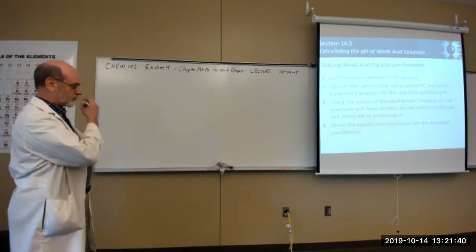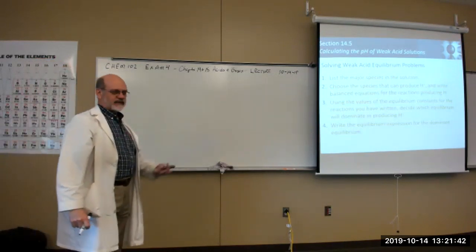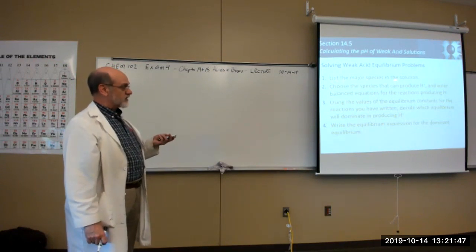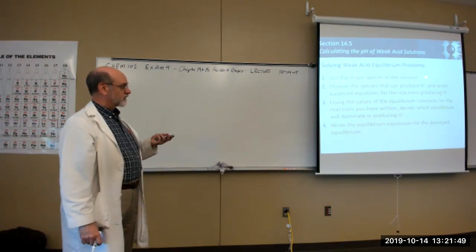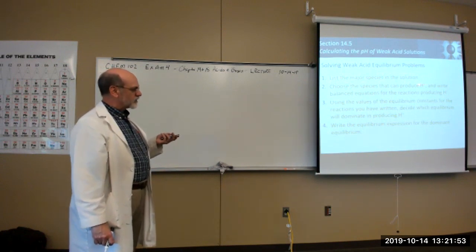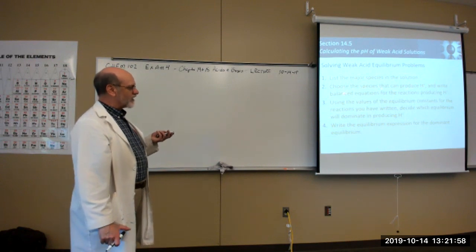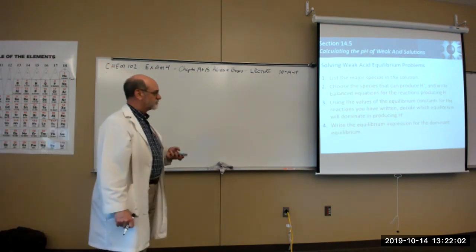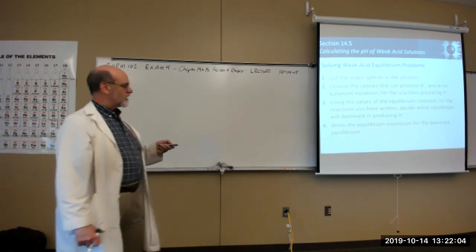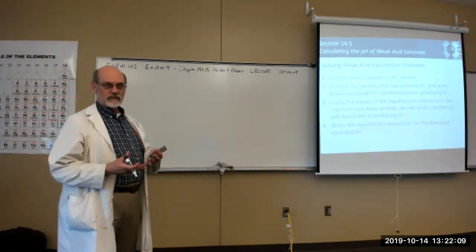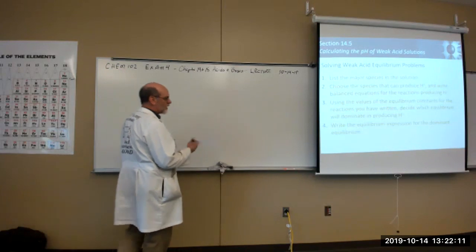Okay. So now we get to weak acid equilibrium problems. You still have to list the major species that are in solution. Then you got to find out which one produces the hydrogen ion or the proton, and write the balanced equation that produces that proton. Then, since it's a weak acid, there will be an equilibrium constant for it.